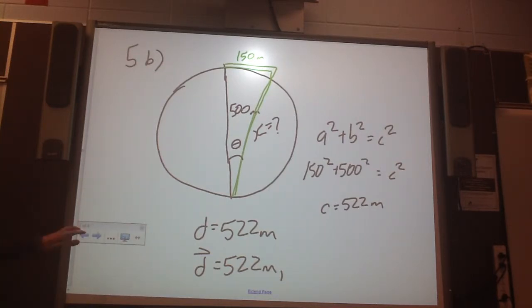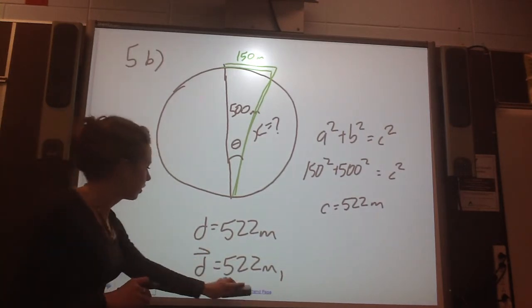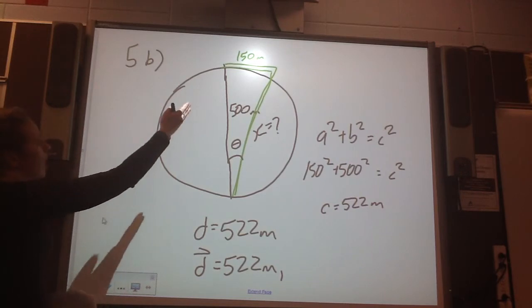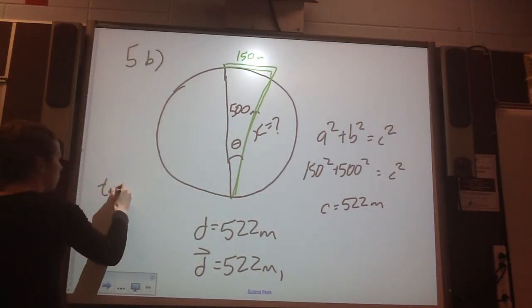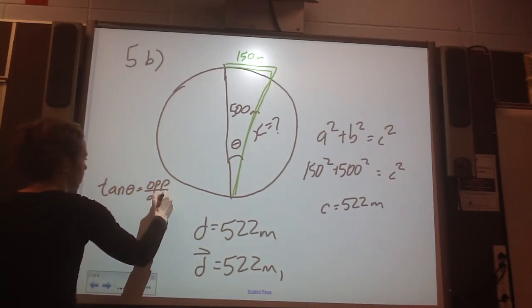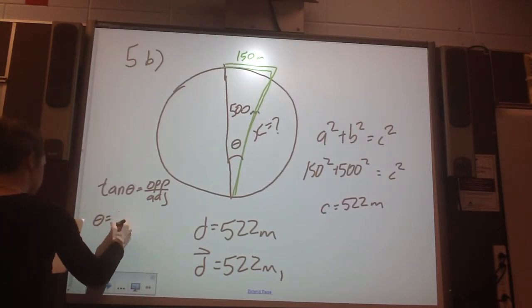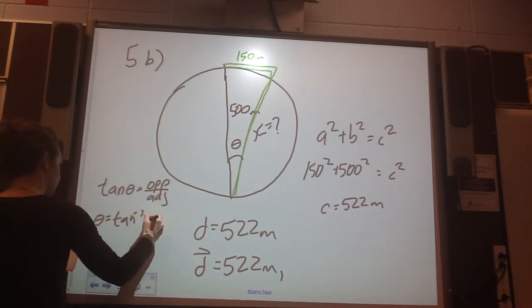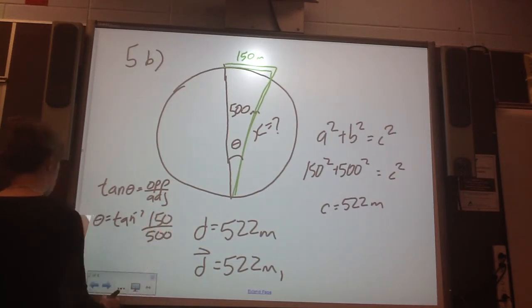To find that, use your trig functions. So I have opposite over adjacent, which I know is tan. So tan theta is equal to opposite over adjacent. So your theta is equal to the inverse of tan of 150 over 500.